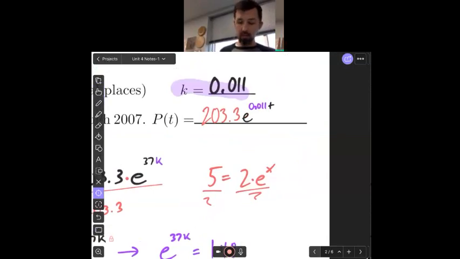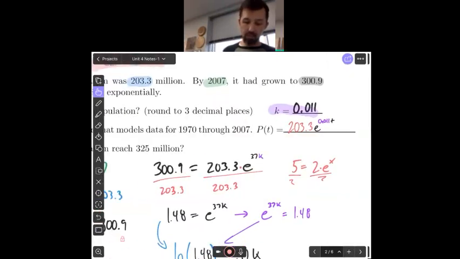As we look at this, e's not a variable, right? e's a number. That means I need to know P of t, not P times t, P of t. What's the population supposed to be? Well, that's what they told us. That's the 325 million. So the 325 million is going to go here, and we're going to be able to solve for t.